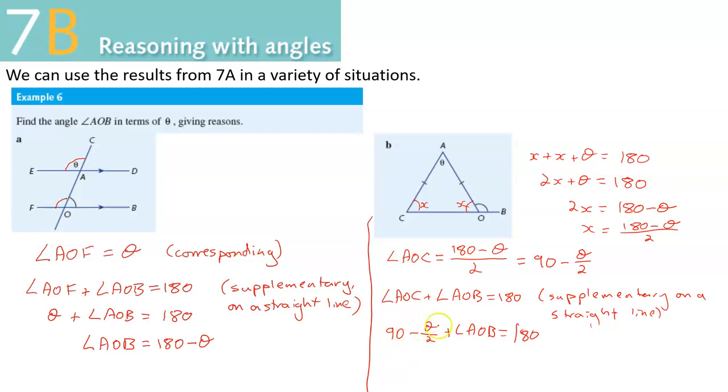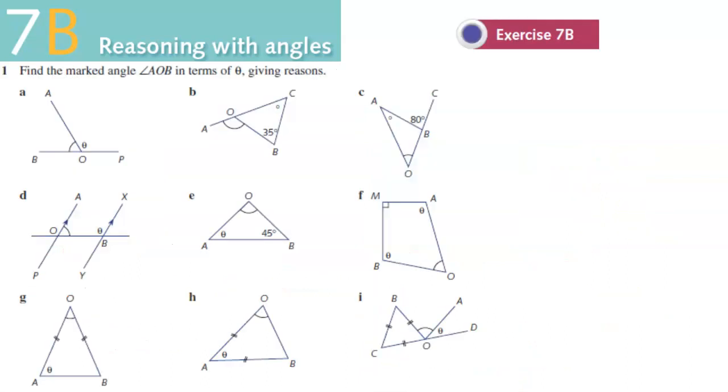I subtract this from both sides. So angle AOB is 180 minus, I'm going to put it in brackets so I don't make mistakes with the positives and negatives. So this is like saying 180 minus 90, which is 90. Then I'm subtracting negative theta over 2, so that's plus theta over 2. Pause the video now while you have a go at these questions.